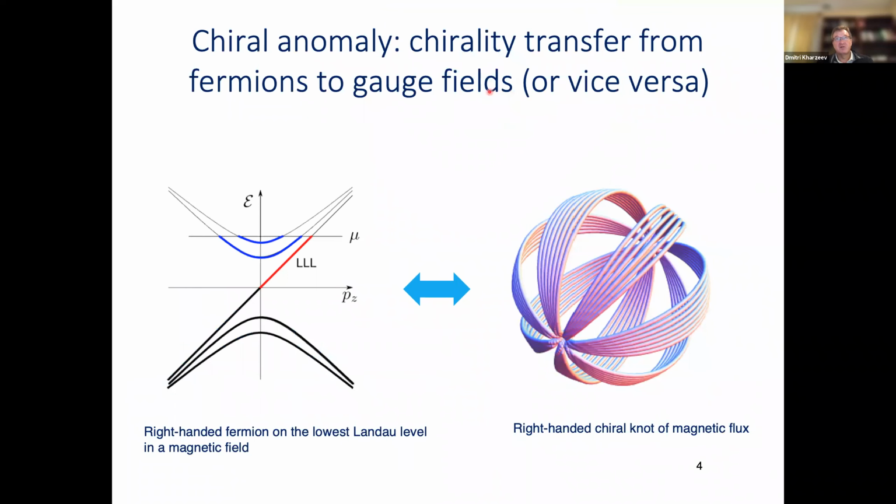So now another important ingredient of chiral magnetic effect is chiral anomaly, which actually describes the possibility of chirality transfer from fermions to gauge fields or vice versa. What is depicted here is a massless fermion in a magnetic field. The fermion is charged, so it moves along closed orbits in magnetic field. And the lowest Landau level is not degenerate in chirality, and at zero momentum along magnetic field, it has strictly zero energy.